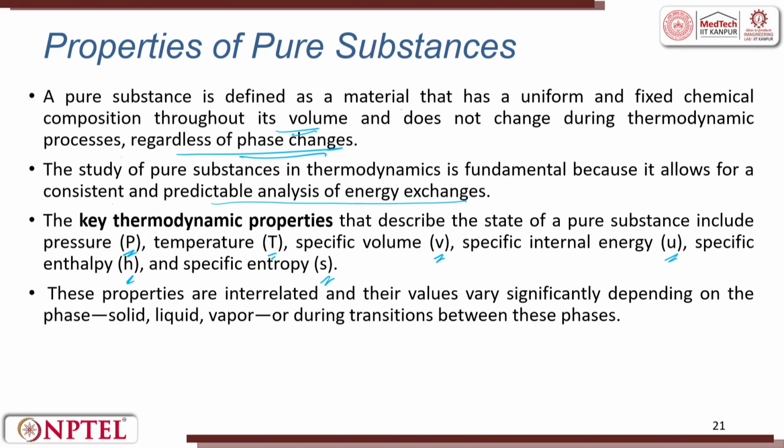So, pressure, temperature, specific volume, specific internal energy, specific enthalpy and specific entropy. These properties are related and their values significantly depend on the form in which they exist. They can exist in one form or they can coexist in two forms.